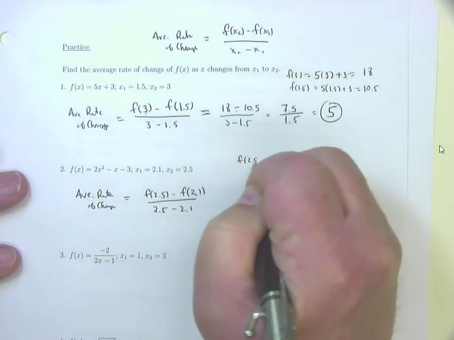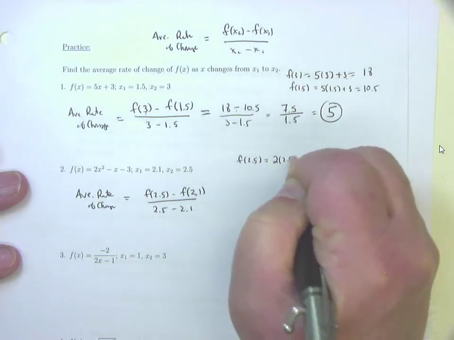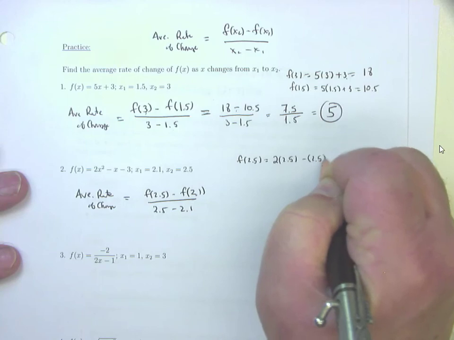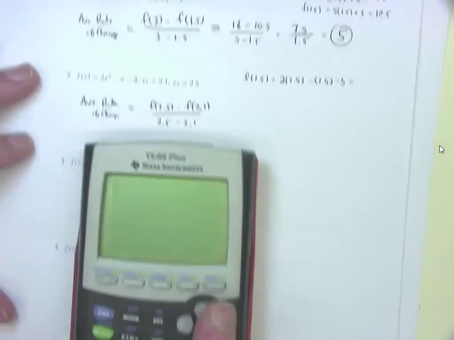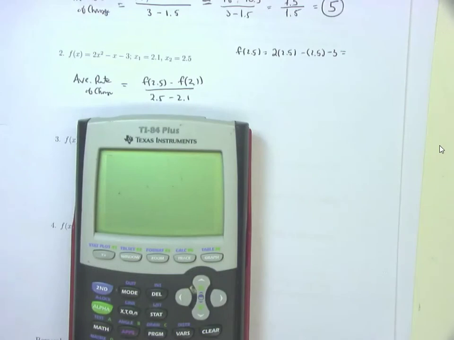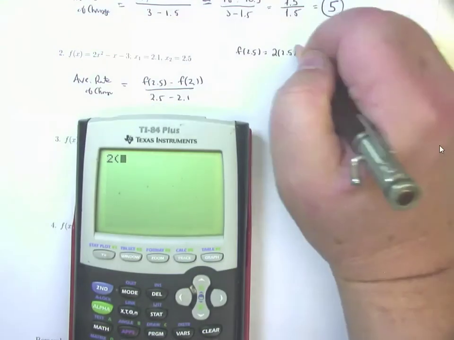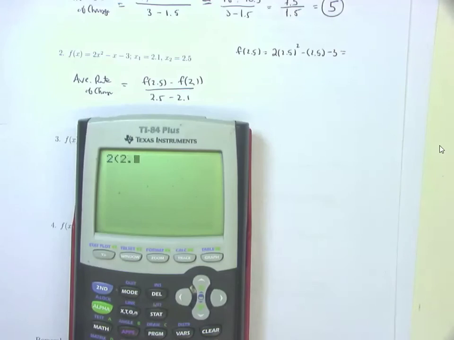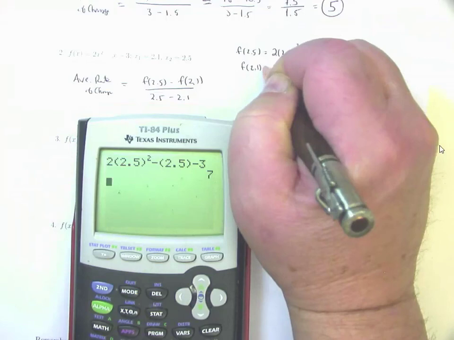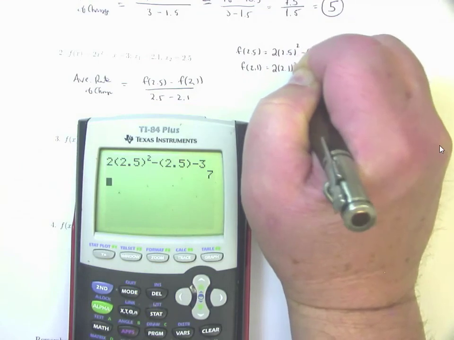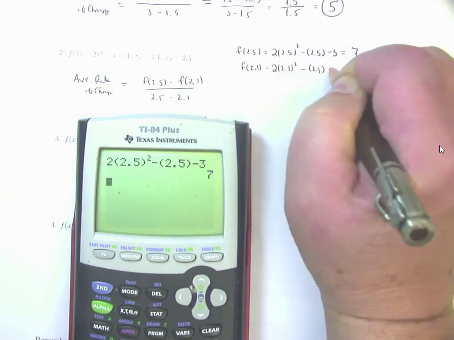F of 2.5 will be 2 times 2.5 squared minus 2.5 minus 3. Again, time for the calculator, sliding it up. 2 times 2.5 squared minus 2.5 minus 3 is 7. F of 2.1 would be 2 times 2.1 squared minus 2.1 minus 3.